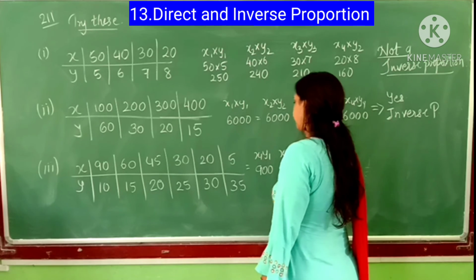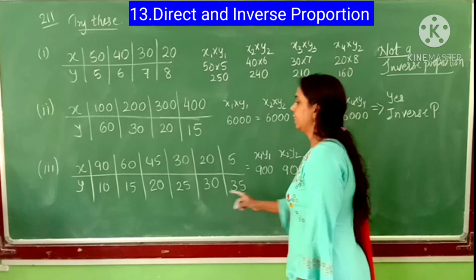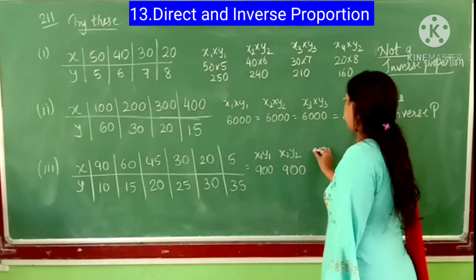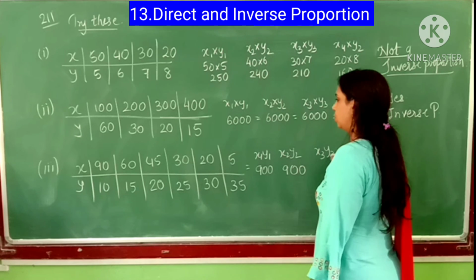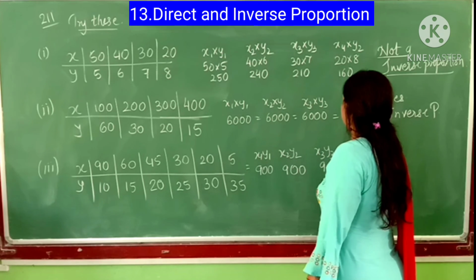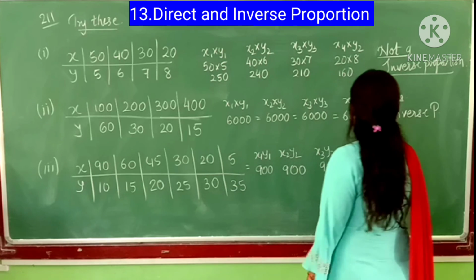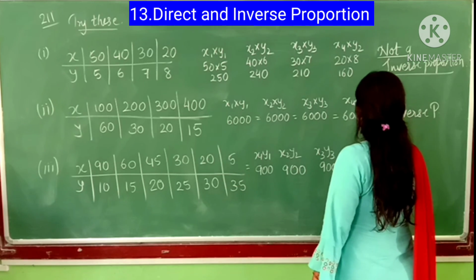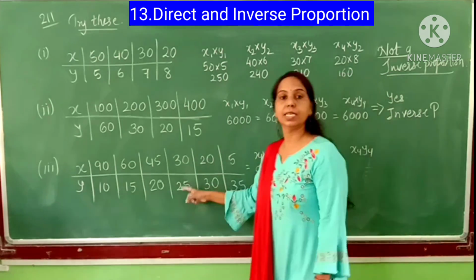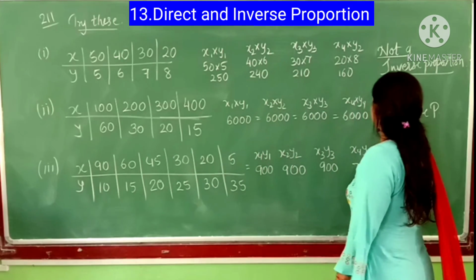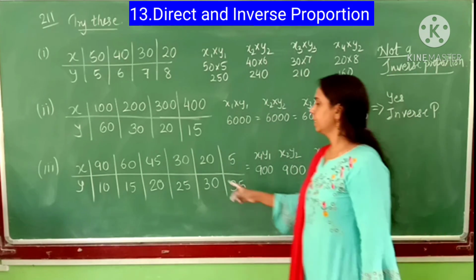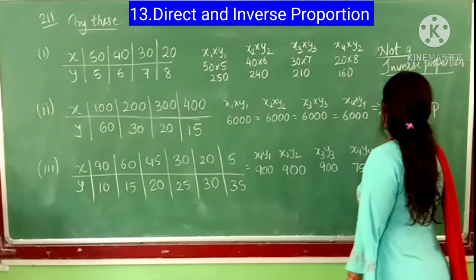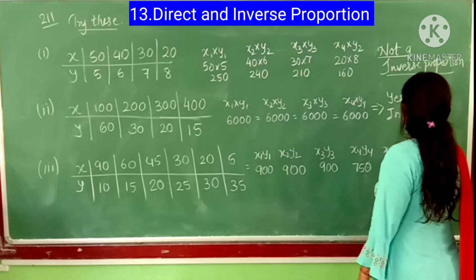So it's 900. Next, 45 into 2. x3 into y3 comes to 900. Next, x4 into y4 comes to 750. Next, 20 into 30, x5 into y5 comes to 600.